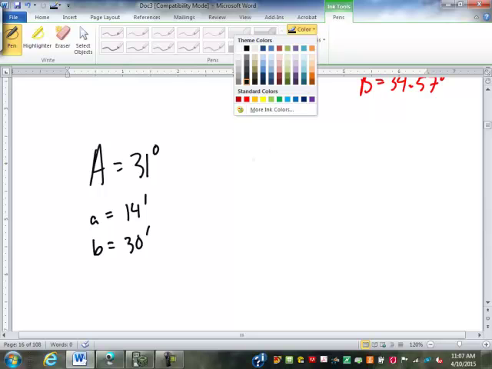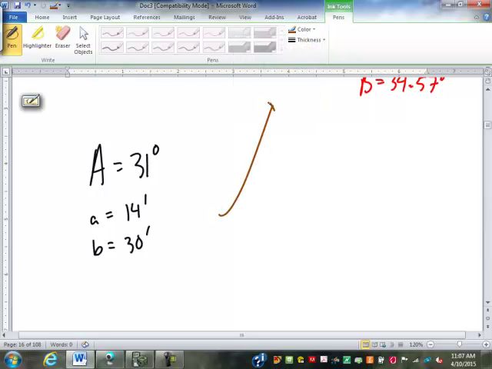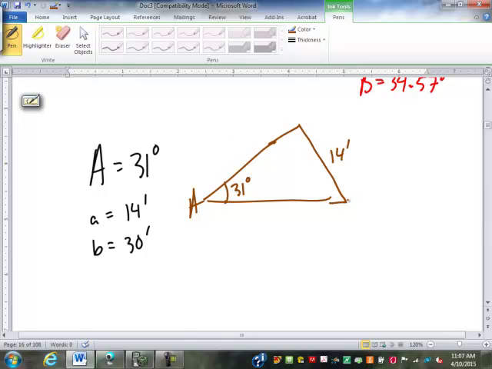If we try to draw a triangle for this, we're going to run into a problem. Let me try to draw a little bit more accurately. So that's my 31 degrees for angle A. Side A would be over here at 14 feet. This is angle B and C. This is my 30 feet for side little b.